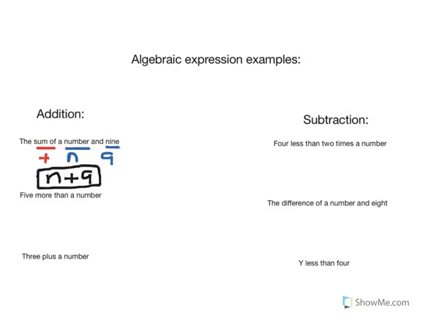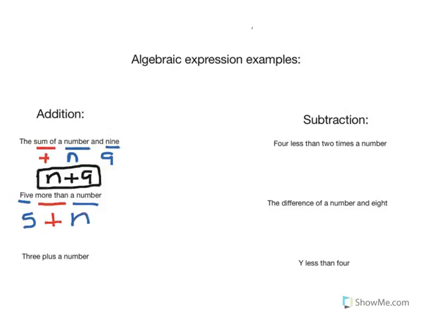Okay, so you need to single out what kind of problem it is, and then the variables and the numbers, okay? On to the next one. 5 more than a number. So we have 5 and a number. 5 more than a number, okay?